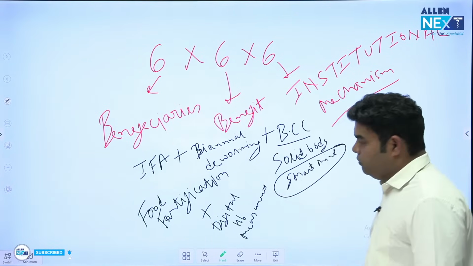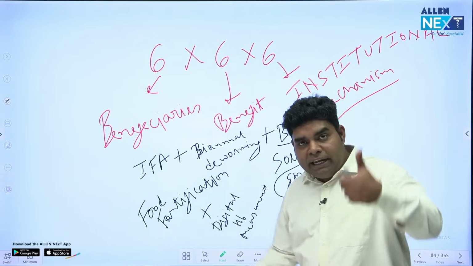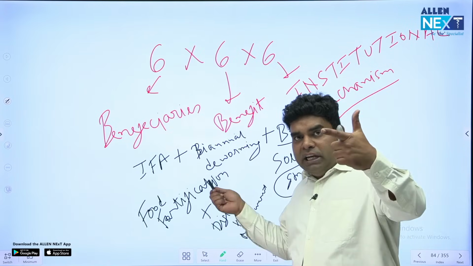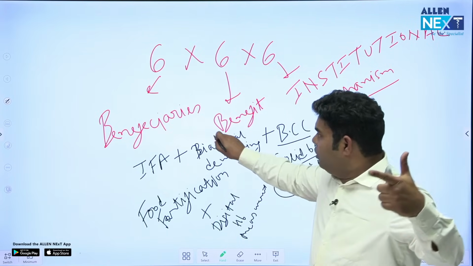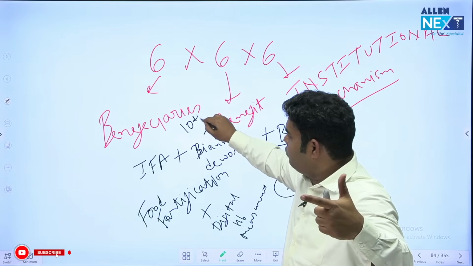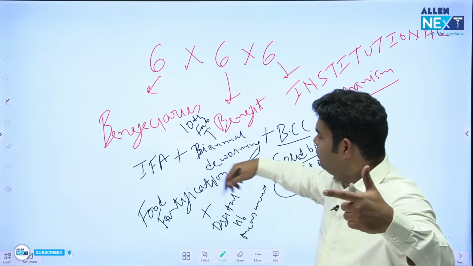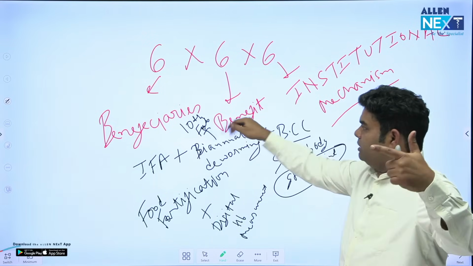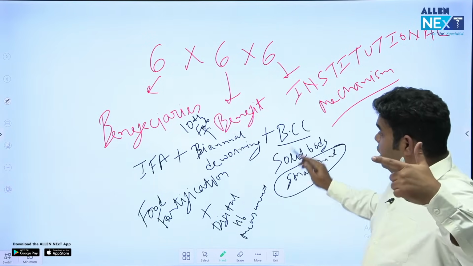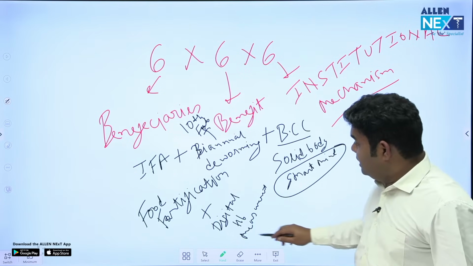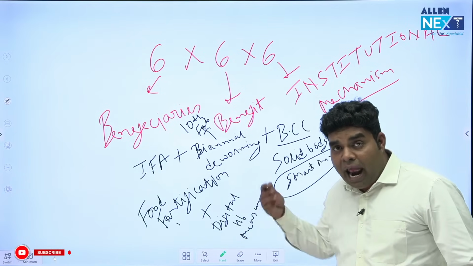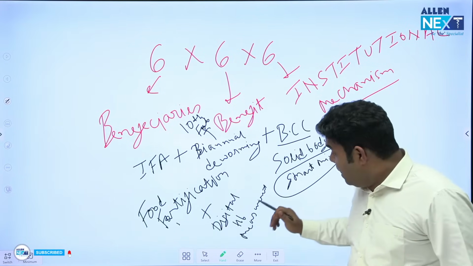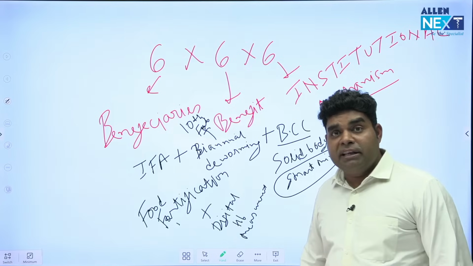So how many benefits have we found here? Iron folic acid, albendazole deworming biannual. Biannual we do: 10th February is the National Deworming Day, and then 10th of August, after 6 months, we do it. Third benefit is BCC. Fourth benefit is food fortification, adding iron and folic acid in the food. Fifth benefit is digital hemoglobin measurement.